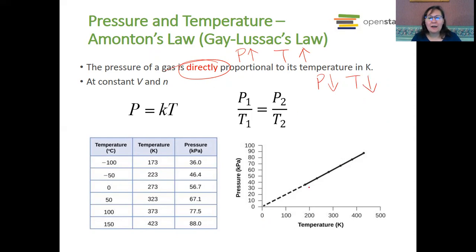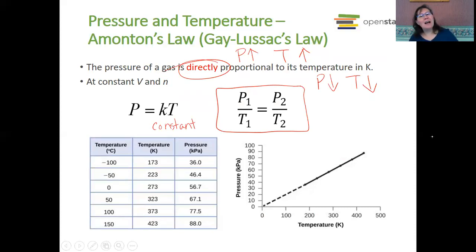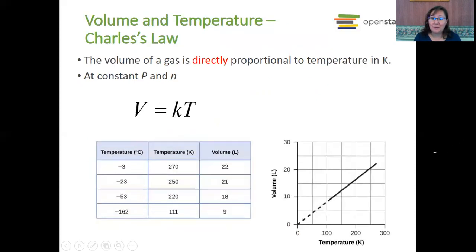And you can see that any direct relationship gives you this nice straight line. And P is equal to KT, where K is some constant, is one way to describe Gay-Lussac's law, but we're not going to use that one very often, even though that's the definition. The one that you're going to use is P1 over T1 equal to P2 over T2. I'm going to teach you all the laws, and then we're going to do which law is this, because usually students don't have a problem using the laws, it's deciding which one to use.